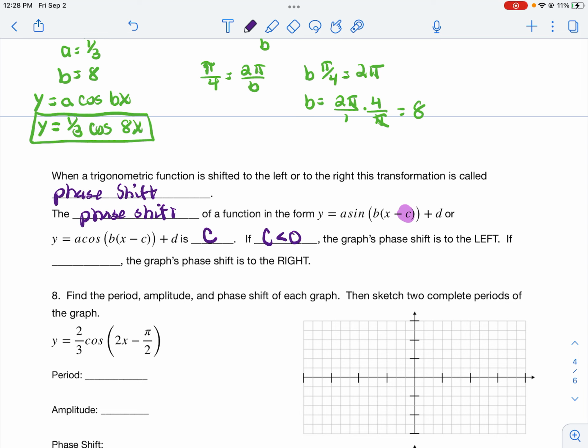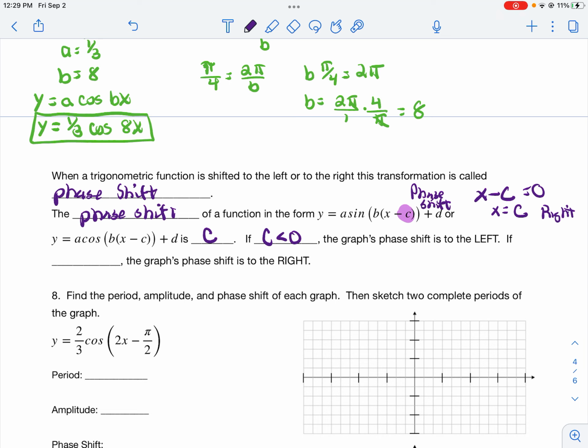But this can be a little confusing because notice the formula is x minus c. So usually how I work through this is I do the equation x minus c equals 0 to get my phase shift. So I don't have to remember this plus or minus thing. If I do that, x minus c equals 0, I get x equal to positive c, so this is moving to the right.